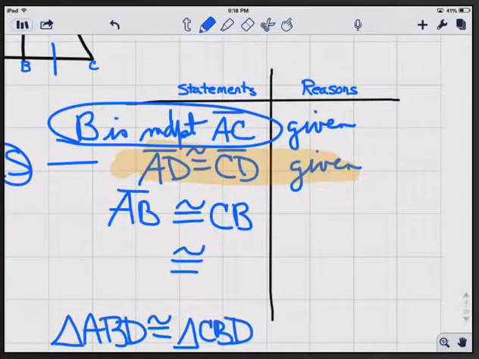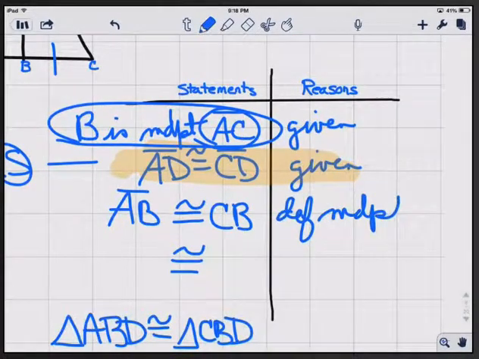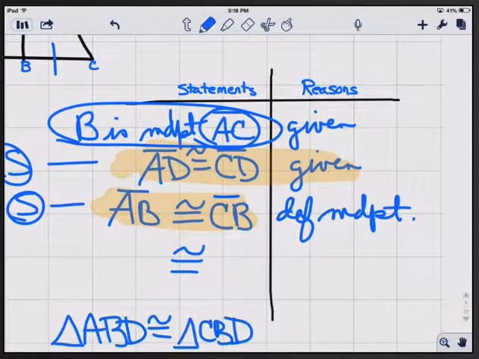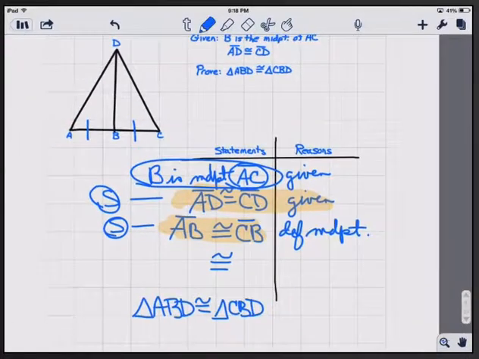Why? Because it's the midpoint. Definition of a midpoint. So that gives me a second statement of congruency, and that happens to be a pair of sides congruent from one triangle to the other. So now I'm 2/3 of the way finished the proof.